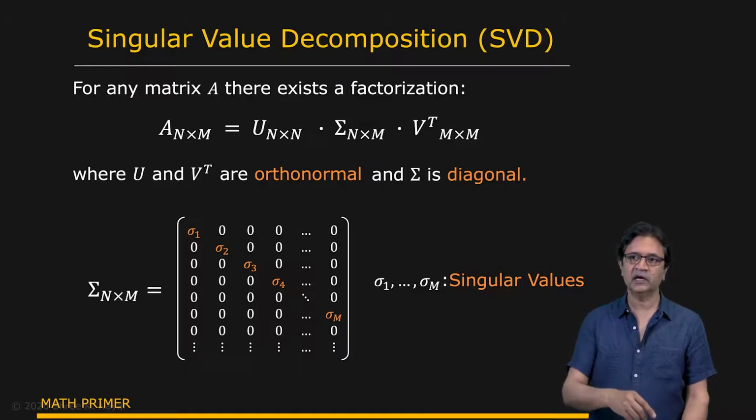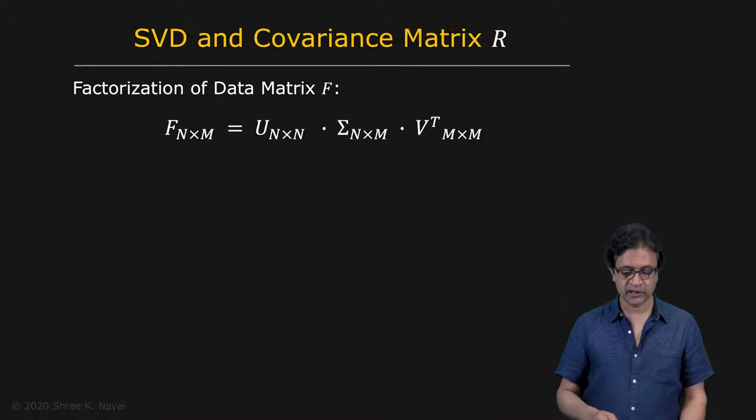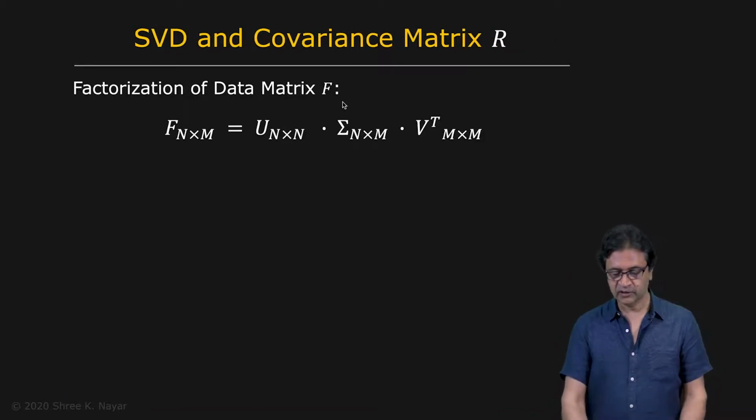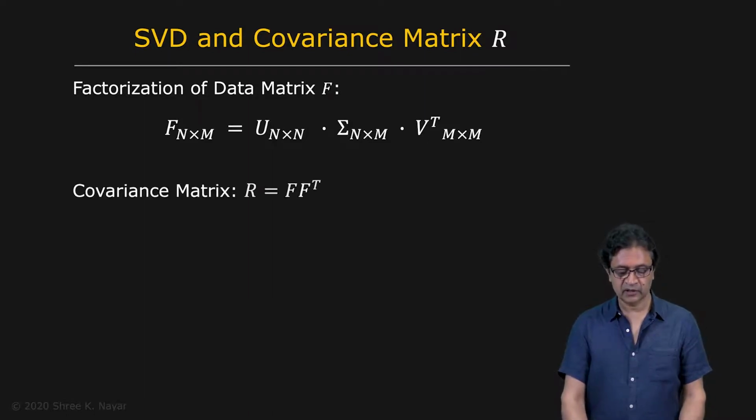Now let's apply singular value decomposition to our data matrix F. F is an n by m matrix, and it can be factorized into U, sigma, and V transpose. And now we can construct our covariance matrix R, which is F F transpose. F we know is this, and F transpose is the transpose of this.